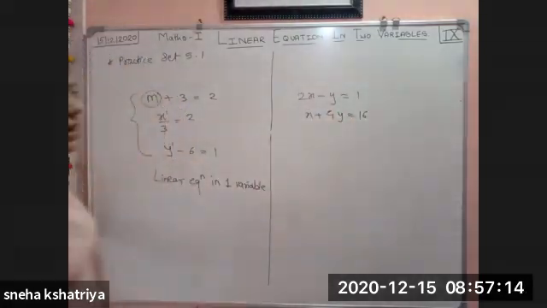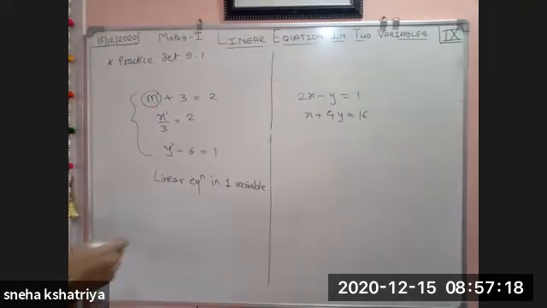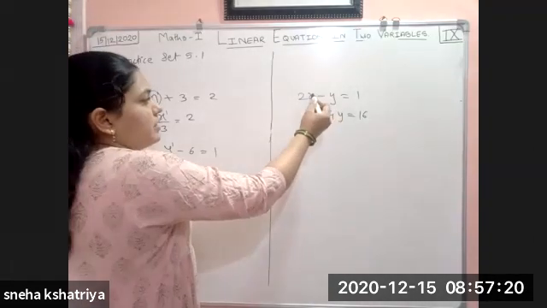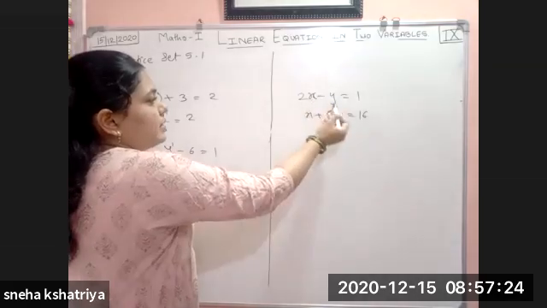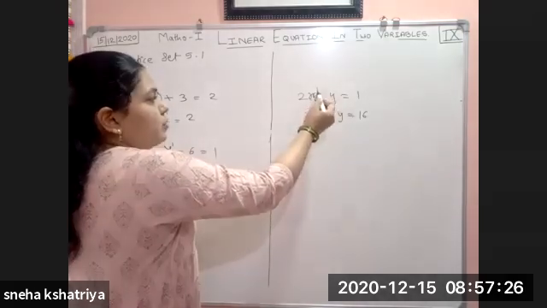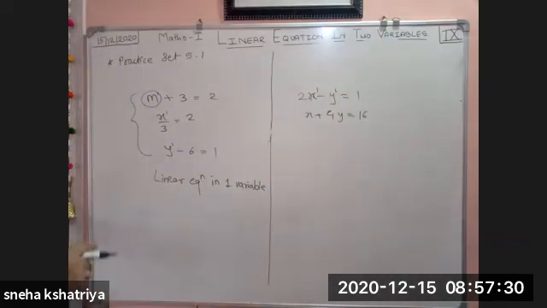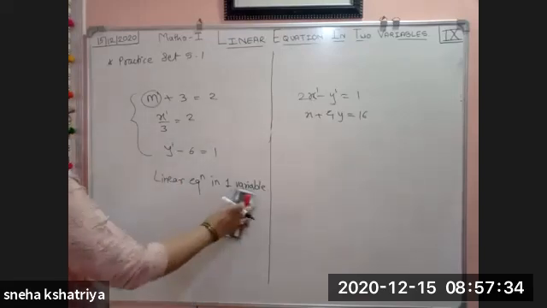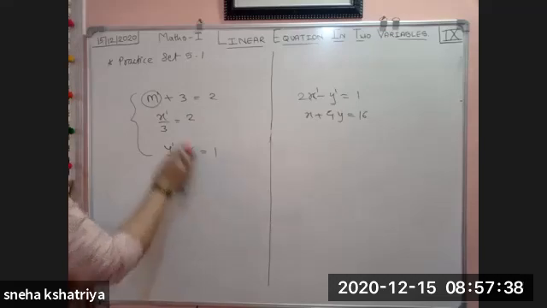These are linear equations in two variables. Two variables are there, x and y, and their power is 1. That's why they are linear equations.